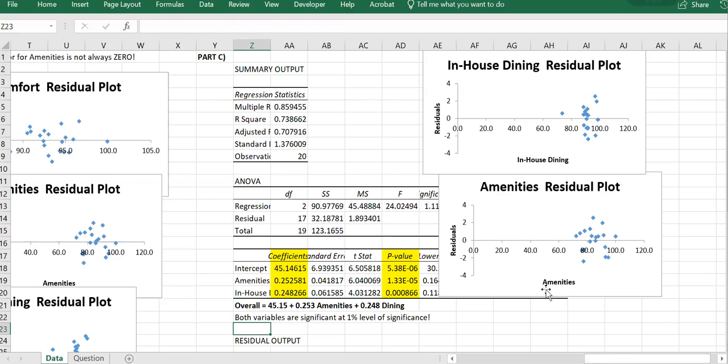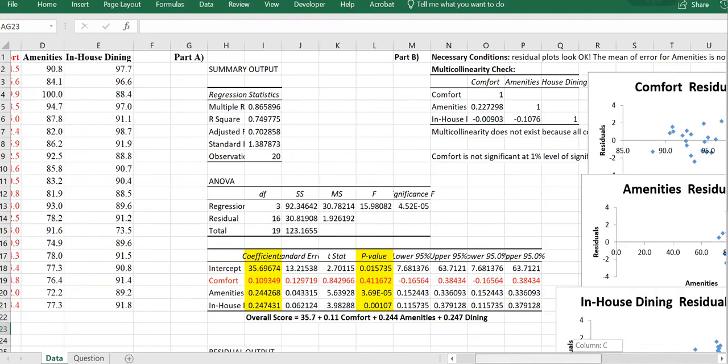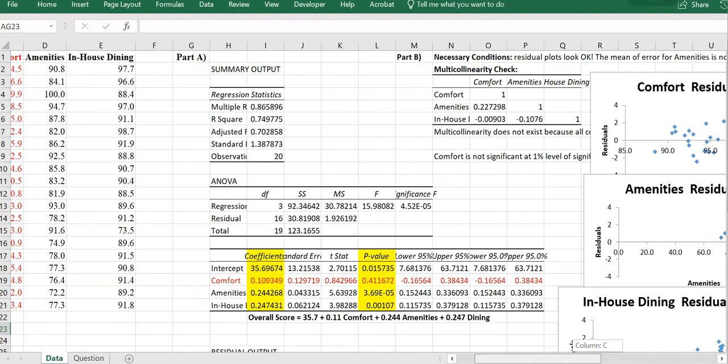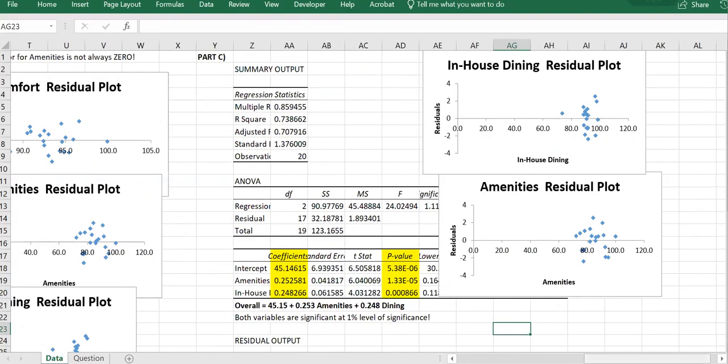Now, which model would you recommend out of the model in part B, the model in part A, and the model in part C? When we want to compare two models, we need to check the adjusted R squared, and we also need to check the simplicity of the model, which is by the number of significant variables.